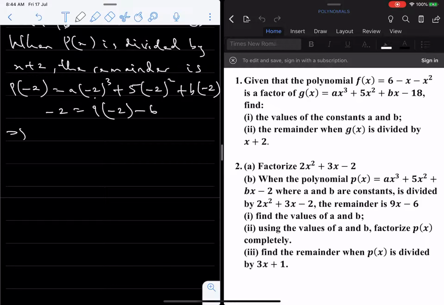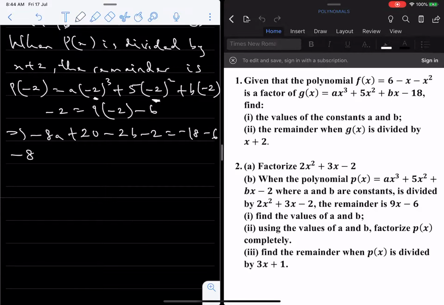And this simply means minus 2 cubed is minus 8, that's minus 8a. Minus 2 squared is 4 times 5, that's 20, minus 2b minus 2 equals minus 2 times 9 is minus 18 minus 6.